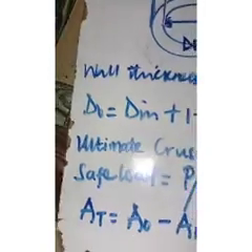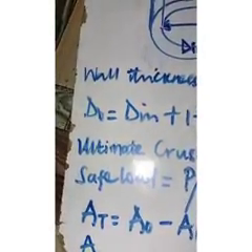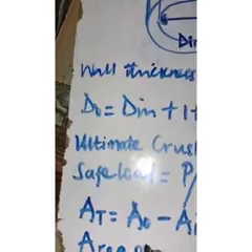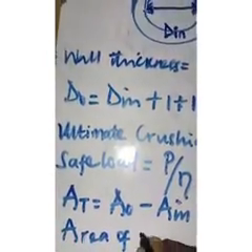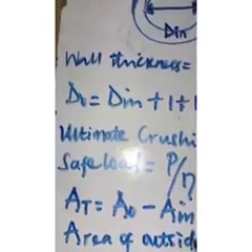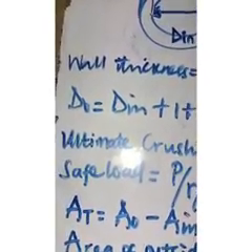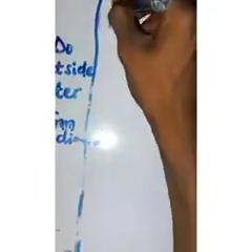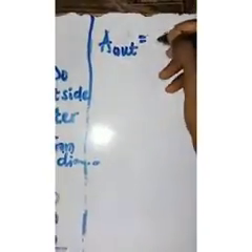So you can also say area of outside diameter D naught will now be equal to A naught. A out is from your normal standard formula of area.